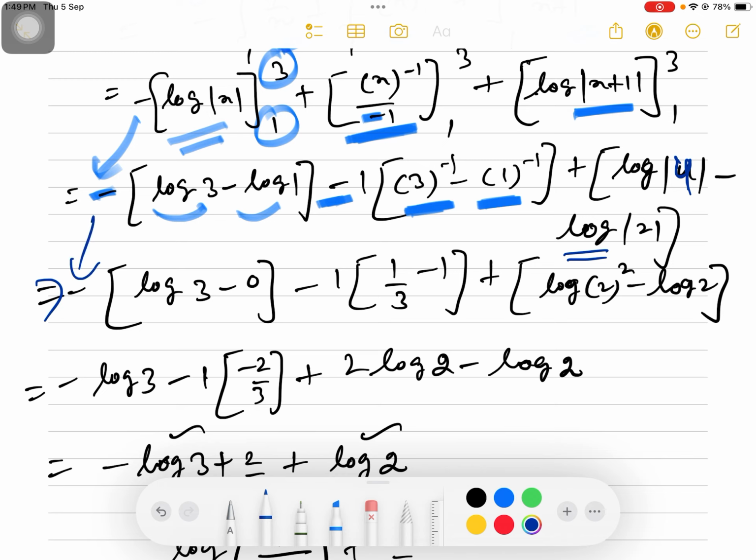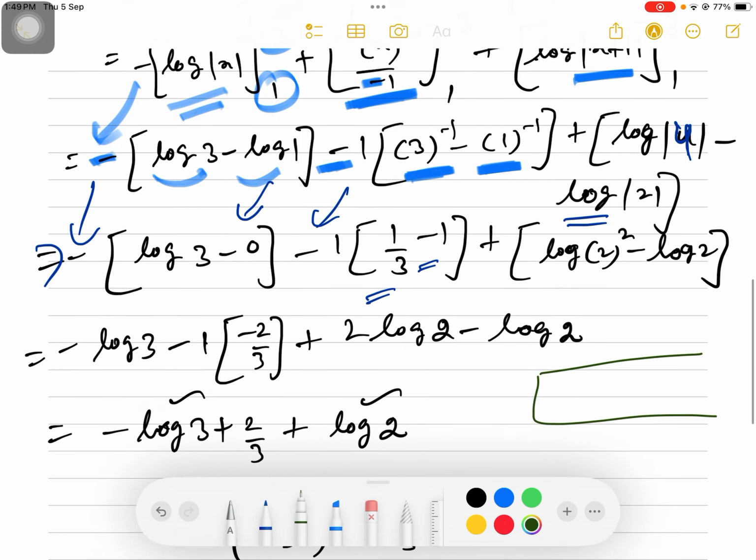Okay, now the next step, minus will be like that only. So log 3 will be log 3 only, minus log 1. The value of log 1 is always 0, so log 1 is 0, minus 1 like that only. 3 power negative 1 we can write as 1 by 3, and minus 1 power minus 1 we can write just as 1. Then plus log 4 minus log 2 is left. So log 4 I can write as log 2 power 2.